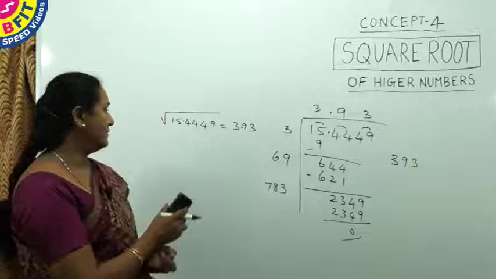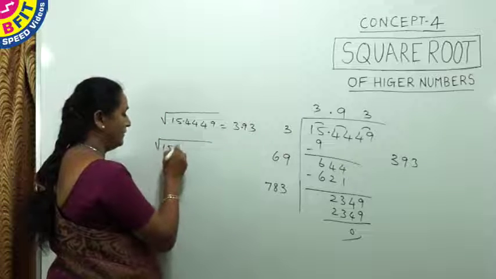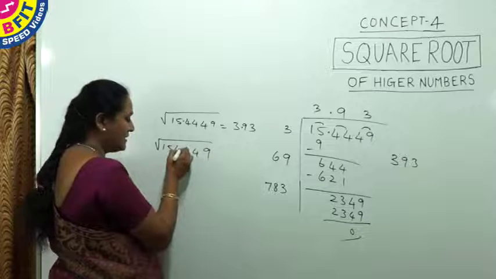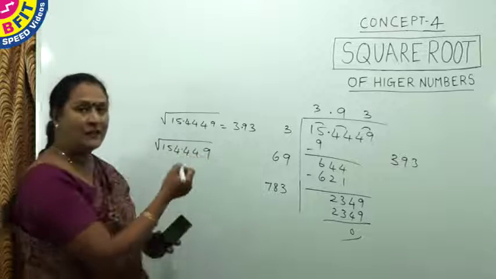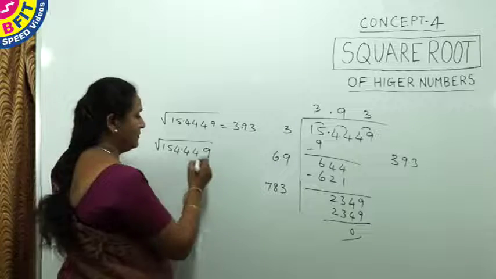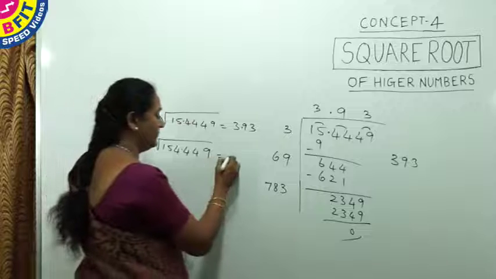Say instead you have a number like 15.449. The decimal is here after 3 places from the right. Now the square root for 15449 we saw is 393.